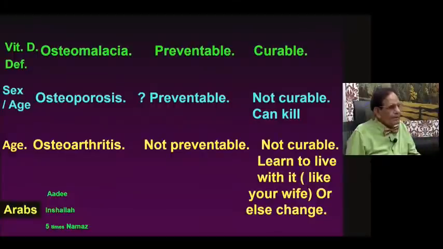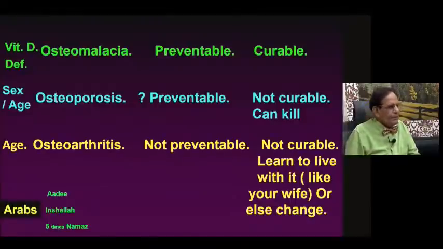Although she was a queen, it is not curable. As the age increases, it is going to come. And even if you have taken treatment, if you fall and break, you can die due to complications of the surgery.